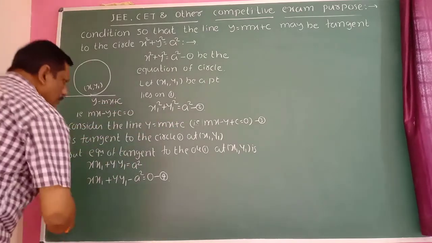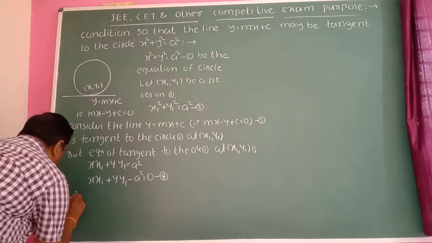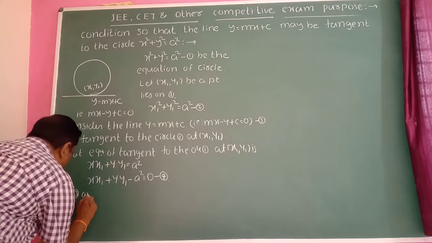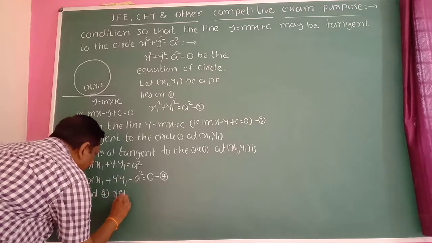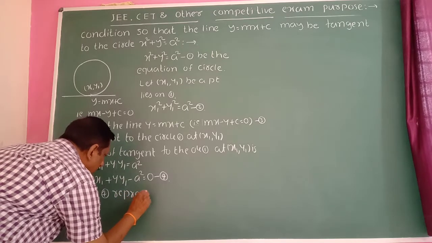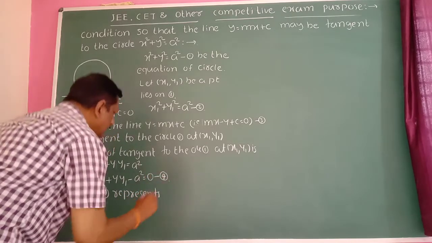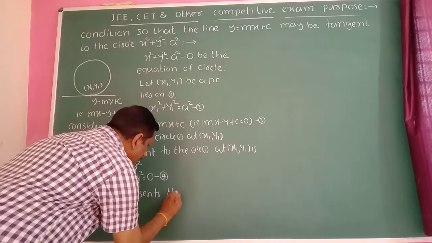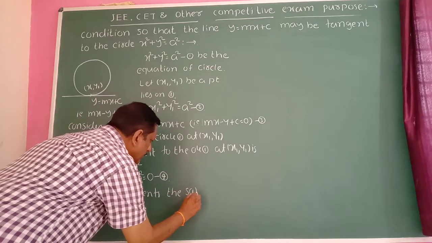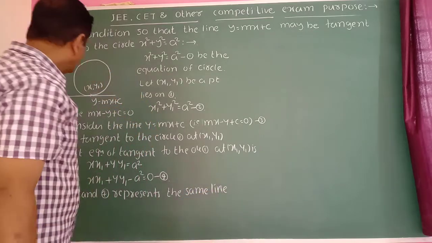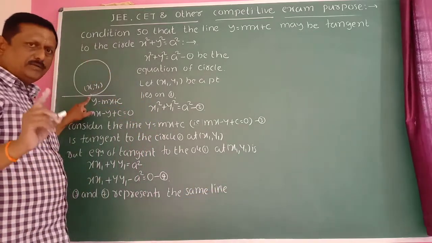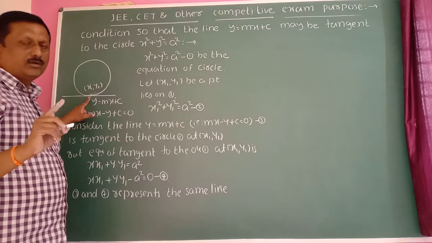So 3 and 4 represent the same line, because at one point only one tangent can be drawn, not more than one.